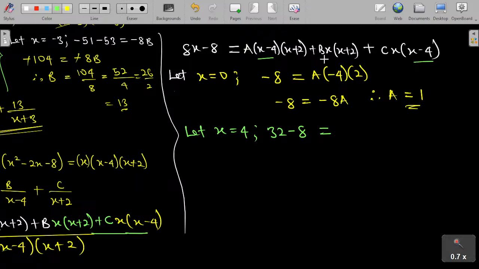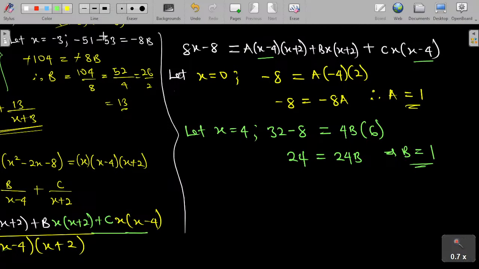So only in b will I retain something, and that is going to be 4b into 4 plus 2, which is 6. And so 32 minus 8 is going to give me 24, and then 4b times 6 will still be 24b. Wow. And then you will get your b to also be equal to 1. This is amazing.